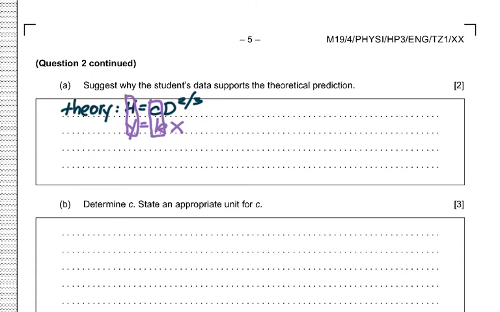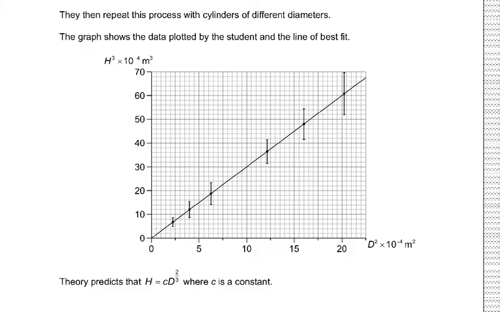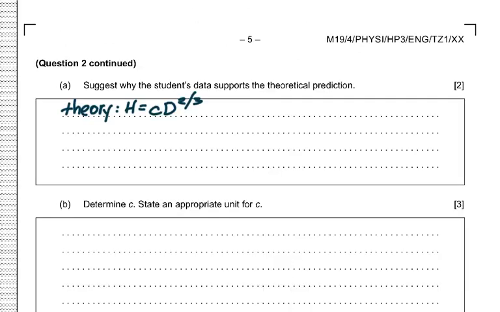And then the thing is that we don't have just some straight up independent variable. We have d raised to the 2/3, so we have to deal with that 2/3. I suppose the student could have taken the diameter data and raised it to the 2/3 and plotted that on the x-axis, but they decided to plot d squared. Maybe it's just easier that way, but here's how that worked out.